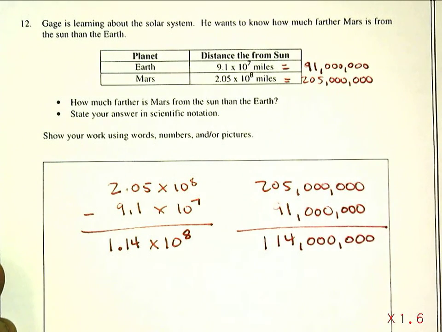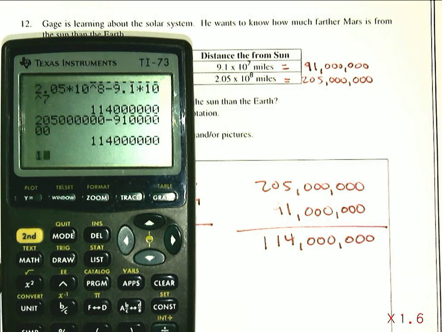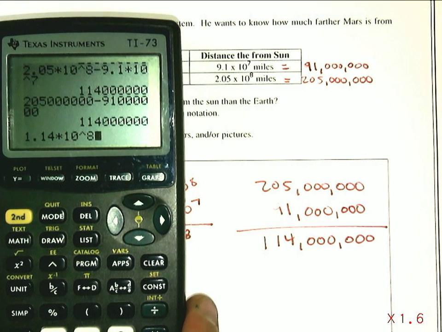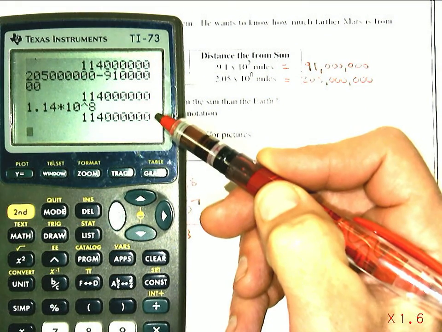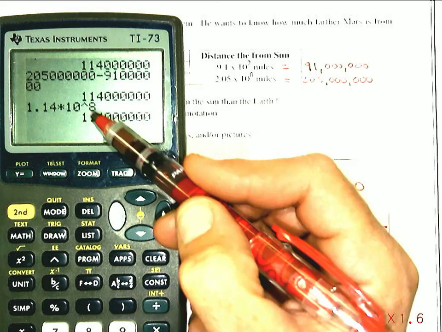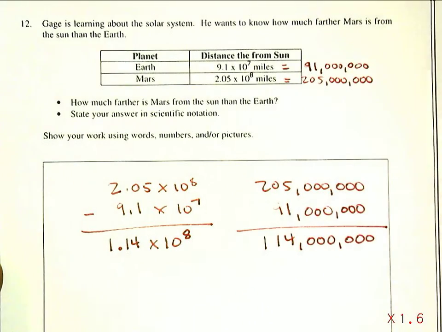And if you're not sure, you can always put it in the calculator and go 1.14 times 10 to the 8th power, and if you just hit the equal or the enter button, it should give me the right answer there. And so you can see that these two match. So that's what 1.14 times 10 to the 8th power is equal to in scientific notation.